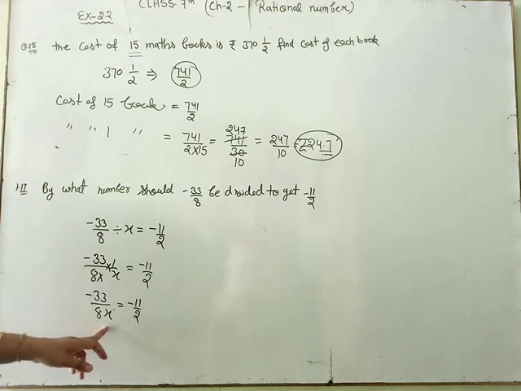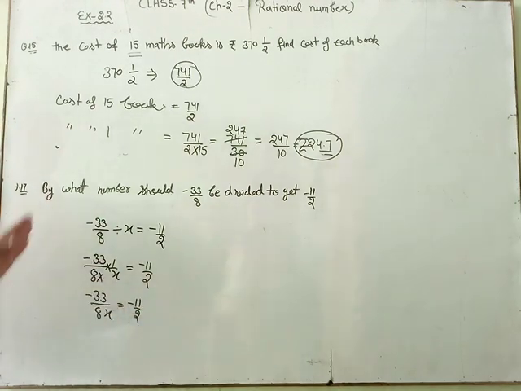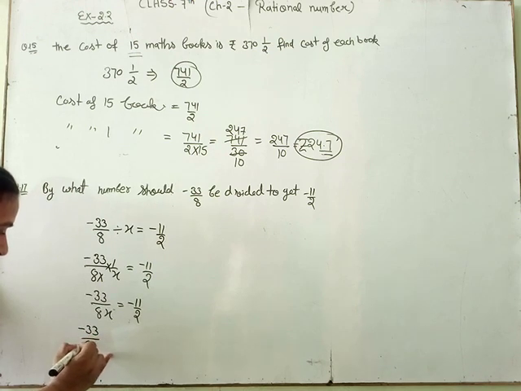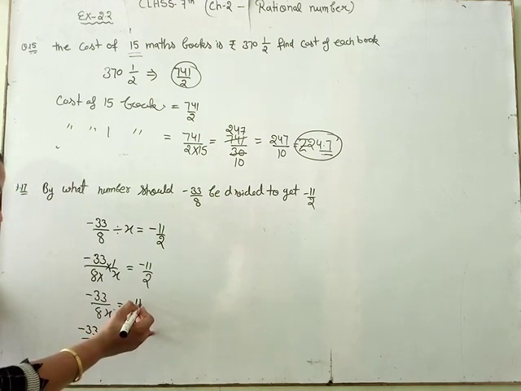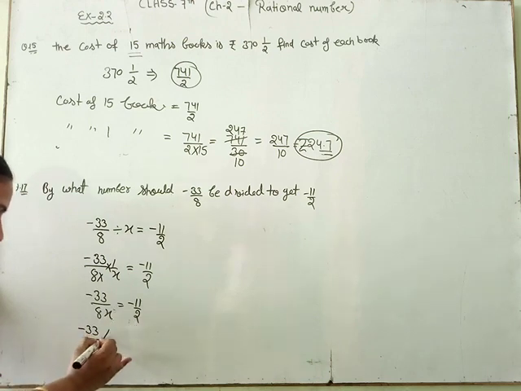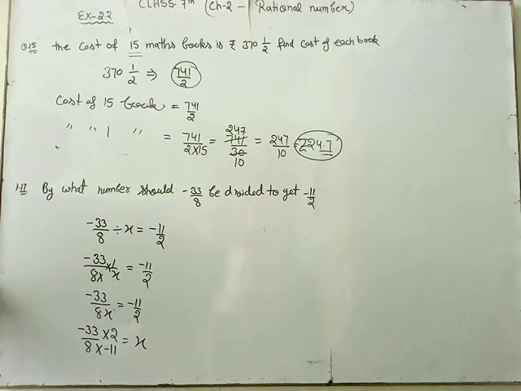We take x on this side and this term on that side. Minus 33/8 as it is, 11 in the numerator, then 11 in the denominator, 2 in the denominator, then 2 in the numerator, and x. Okay.